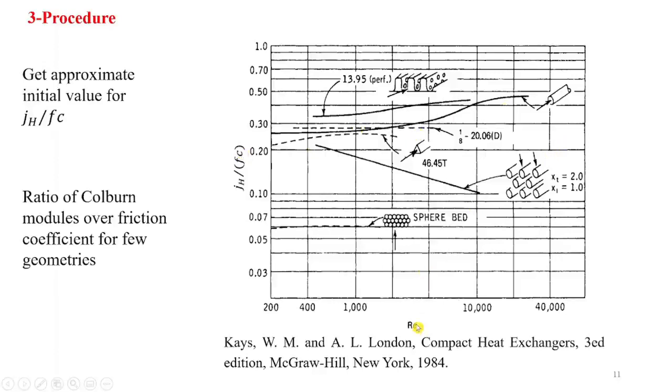In our case, we are going to assume the same value assumed by Hodge in his book, that is J over f equal to 0.4. For finding the initial value for G, the ratio of j_H by f is taken to be 0.4 in our situation.